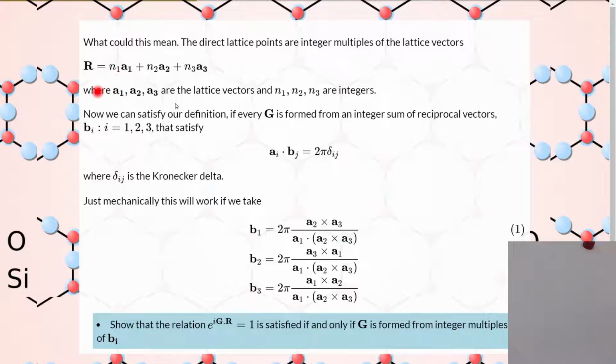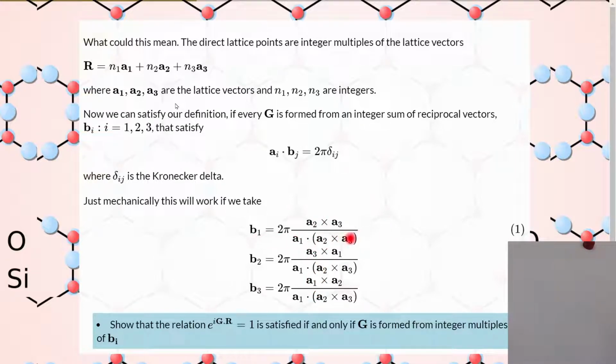Essentially, if we've got real space vectors A1, A2 and A3 for our system, then we can define reciprocal lattice vectors that satisfy this criterion, so they're orthogonal, 90 degrees, to the real space ones by doing this.